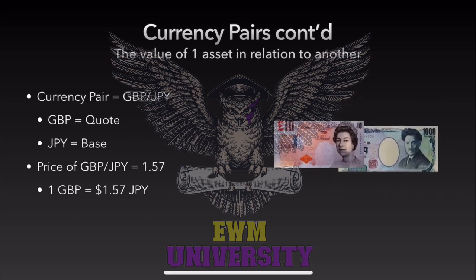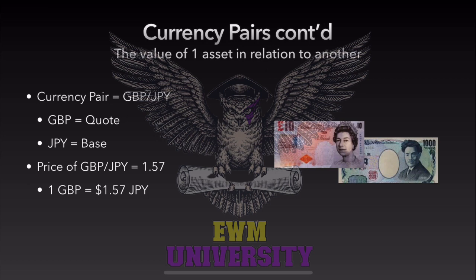So for our second example, we're going to be using GBP and JPY, the Great British Pound and the Japanese Yen. And here we see that GBP is first, so GBP is our quoted currency. JPY is second, so JPY is our base currency. So again, we're going to be quoting, or seeing, how much Great British Pound we can get based on the price of JPY, the Japanese Yen.